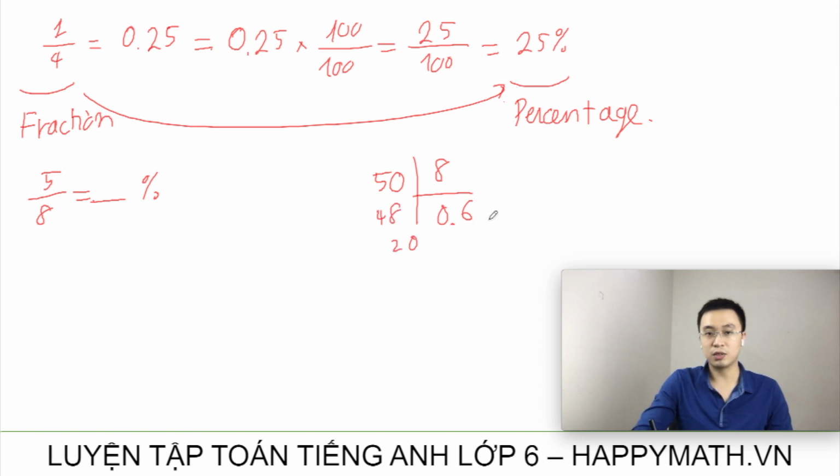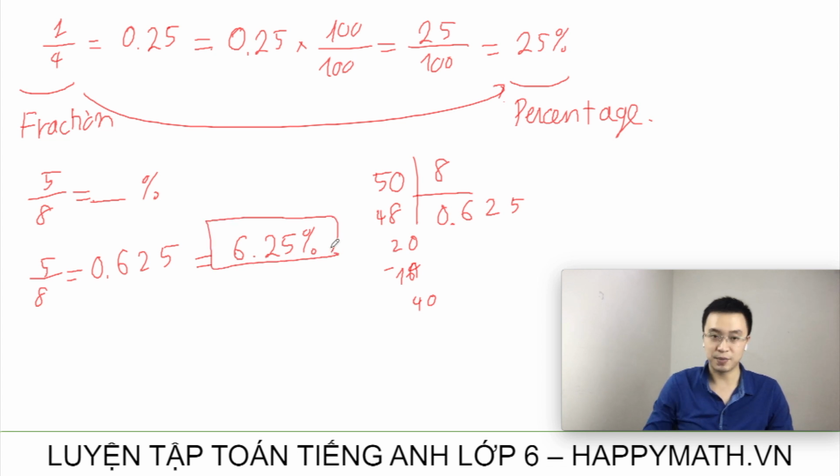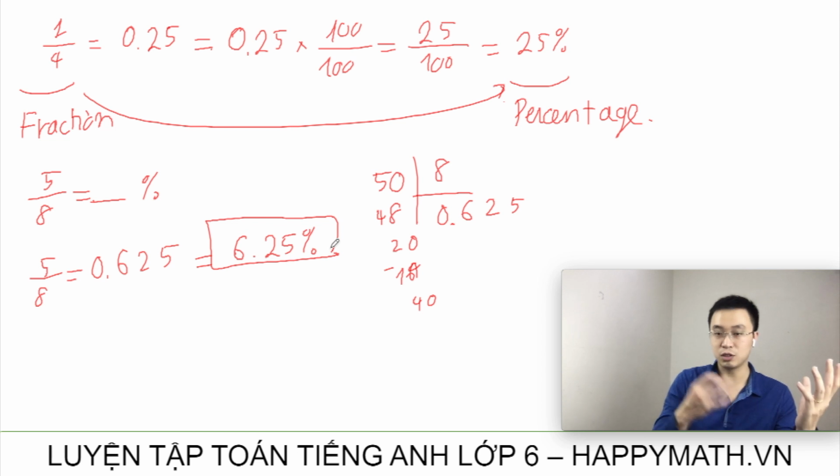I multiply by 10 one more time. I get 2, and the remaining is 4. So I get 5 here. So 5 over 8 becomes 0.625, and it becomes 62.5%. That is the way I can change from the fraction to the percentage.